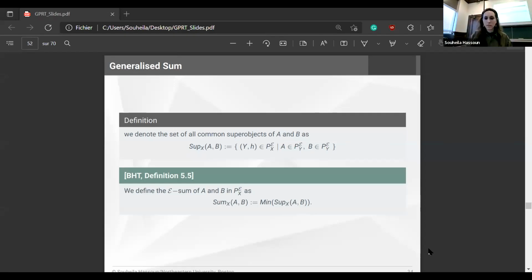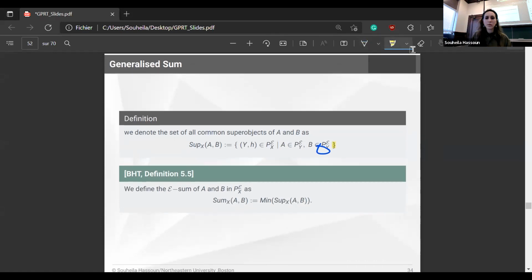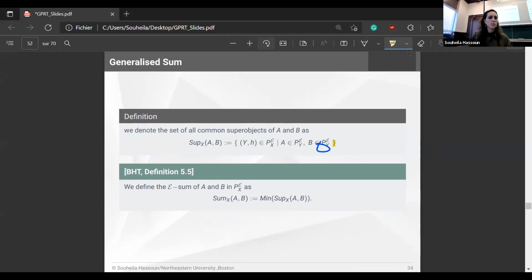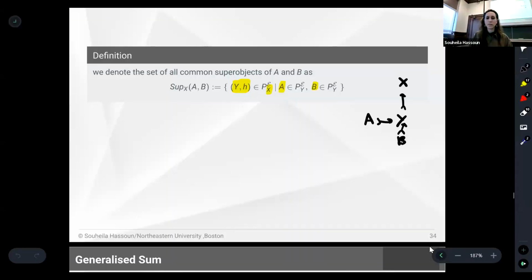I should open this in the, okay. Can you see it now? Okay, good. Why can I draw on it? Okay. It's not the one I want. Oh. Okay.